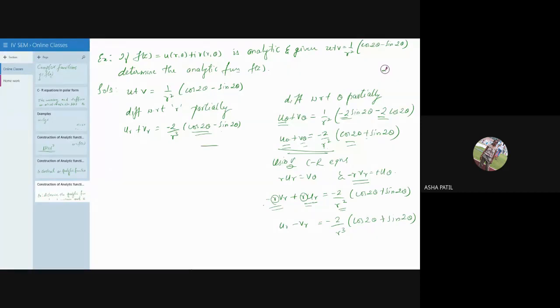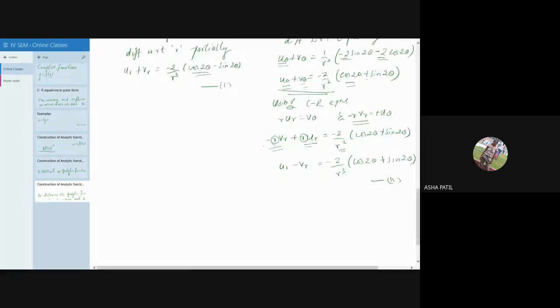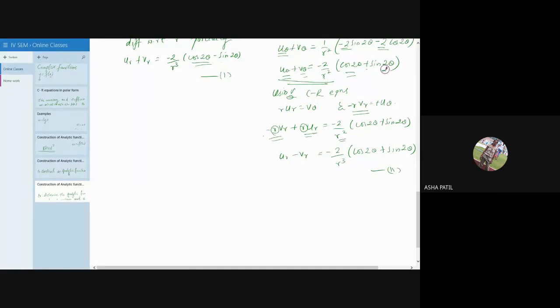Now let me call this equation 1, this equation 2. Adding equation 1 and equation 2. Equation 1: ur plus vr is equal to, if you want to avoid confusion, multiply the minus 2 by r cube inside: minus 2 by r cube cos 2 theta, minus of minus becomes plus 2 by r cube sin 2 theta.